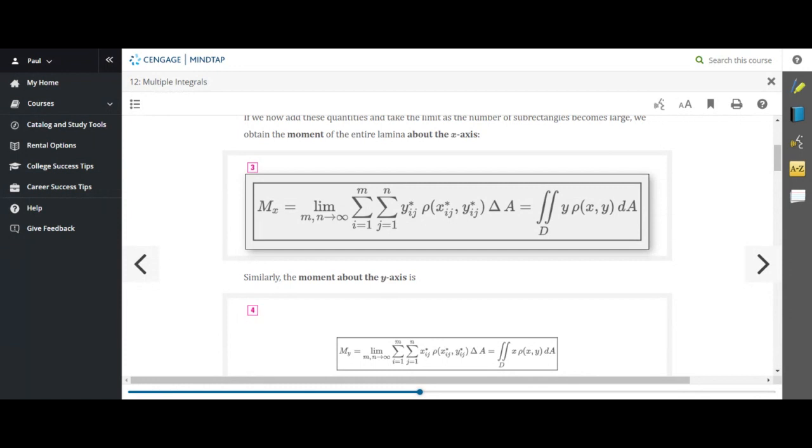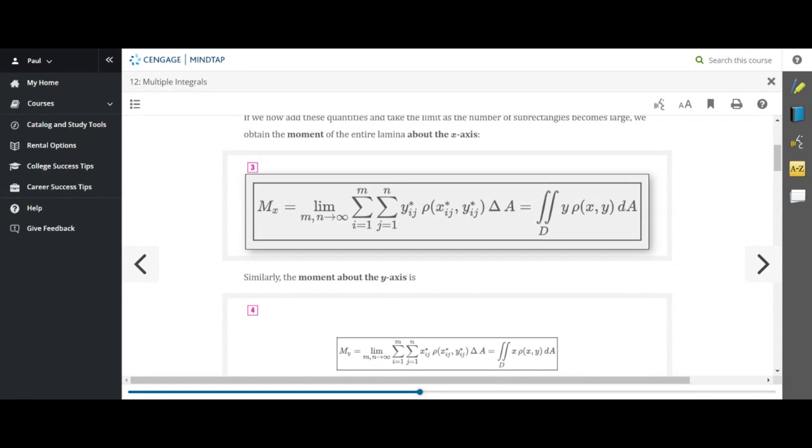Because you're dealing with a lamina, you have to concern yourself with how the mass is distributed throughout the lamina, but also, for every point of mass, how far it is from the x-axis and how far that piece of mass is from the y-axis.